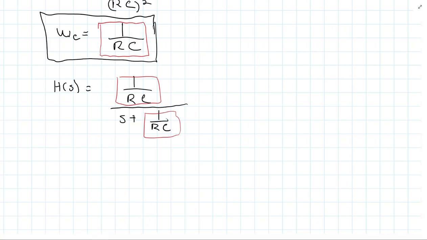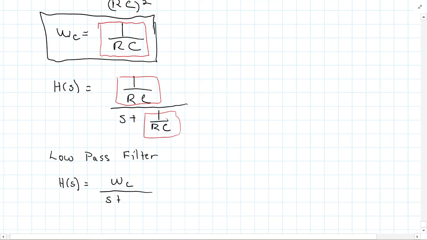So in other words, for my low-pass filter, we have H at s equals omega c over s plus omega c. So we have the number sitting here in the numerator and the pole here.